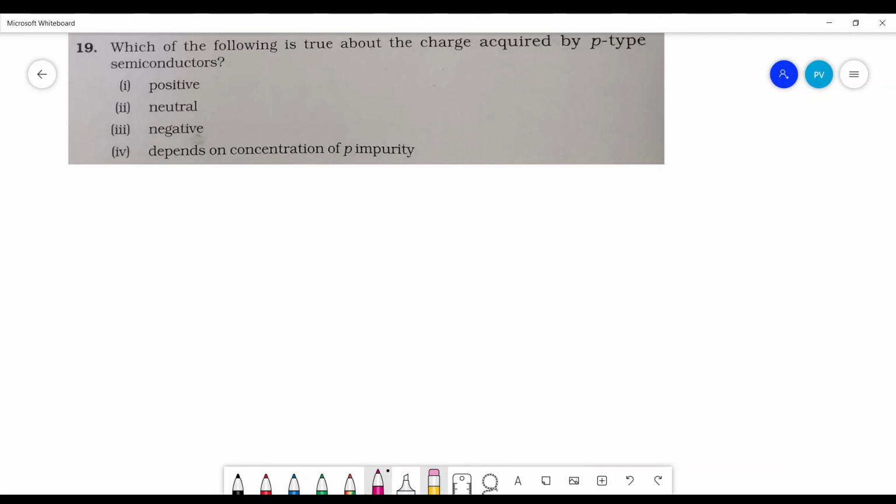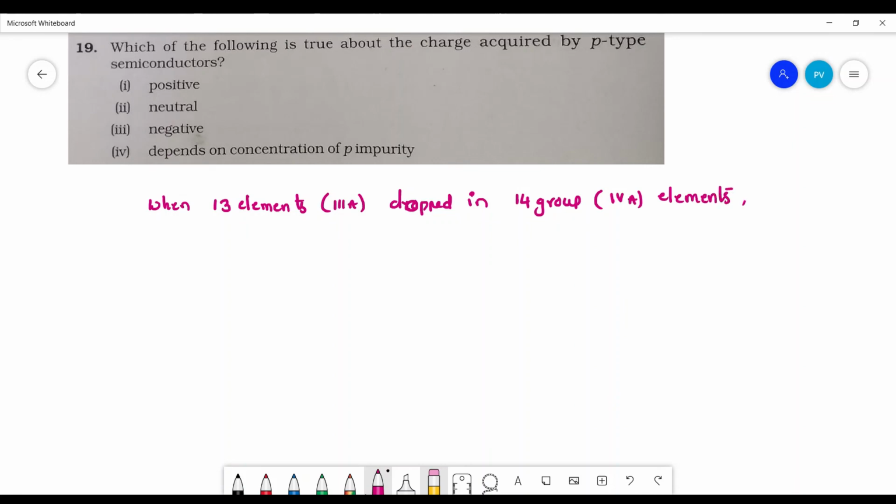Here, when 13 group elements, meaning third A group elements, are doped in 14 group elements, meaning fourth A group elements, one hole is created, but the electron is just in that crystal only.